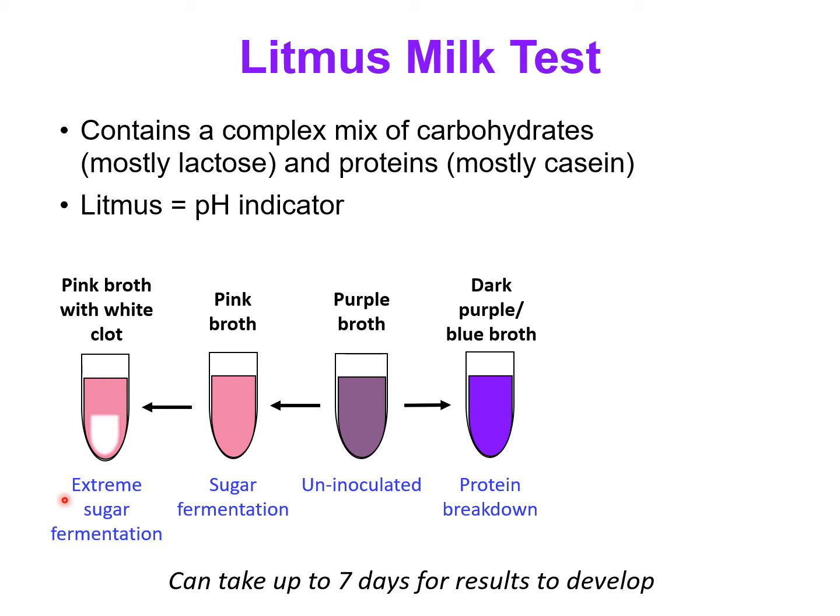And therefore, because there's more acid being produced, the milk is going to curdle, right? Kind of like how I just explained, adding something acidic to your milk is going to make it curdle. And basically, this is what the bacteria is doing right now. It's producing a lot of acid because it's fermenting the lactose sugar, causing the milk to curdle.